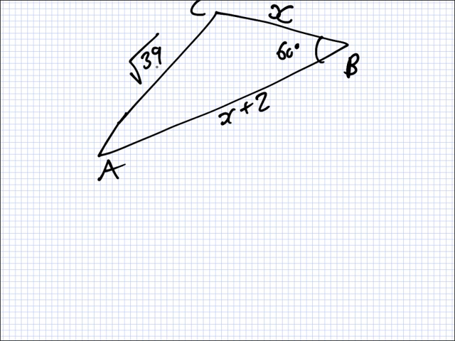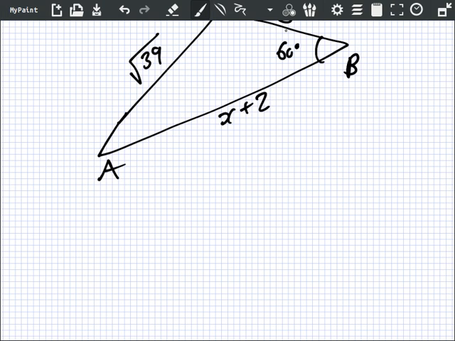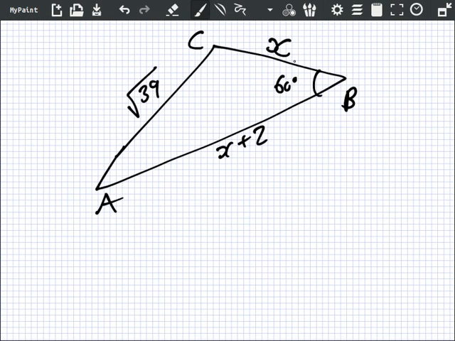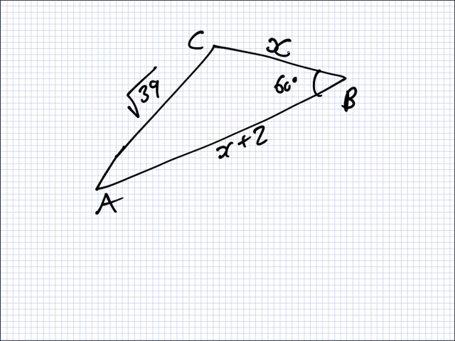I know for certain x can't be the longest side, because AD is longer. But maybe root 39 is the longest side.